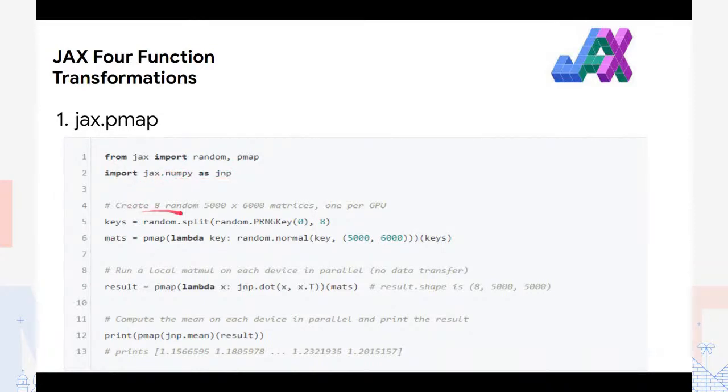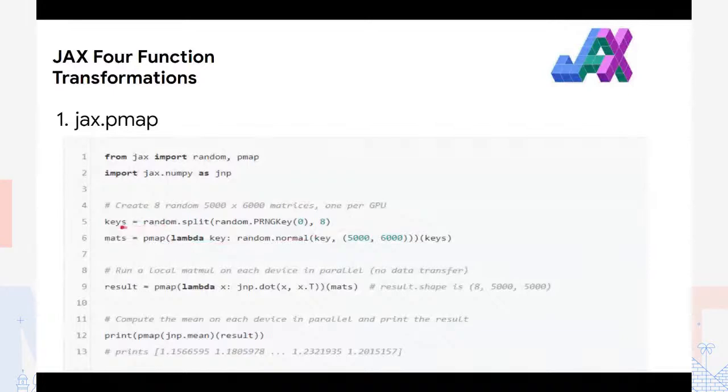Here we're writing: create a random 5000 by 6000 matrix, one per GPU. We're talking about parallel devices, I mean, multiple devices. Let's say we have 8 GPUs, and we want to create those matrices on each one.